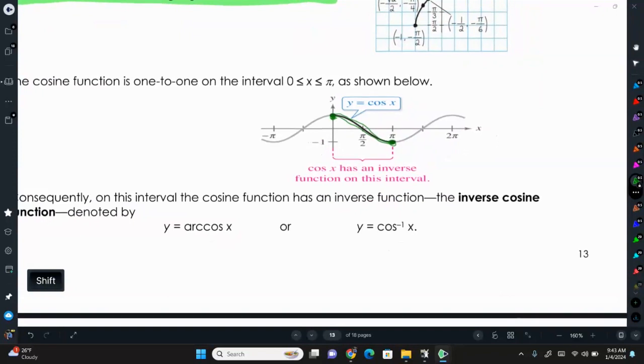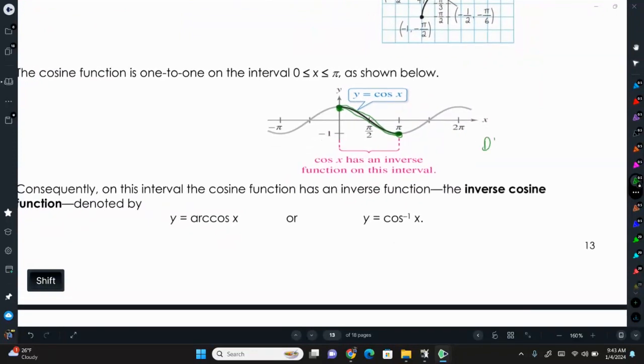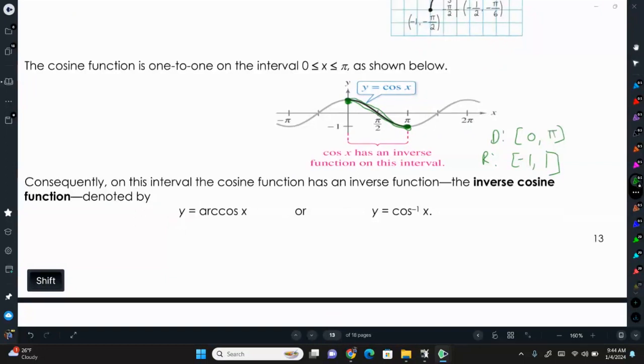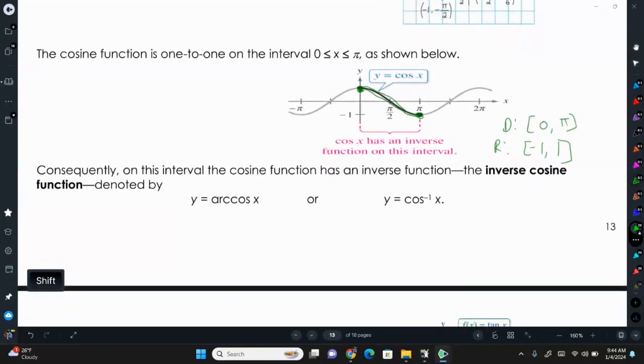So we would restrict the domain for cosine to 0 comma pi, and our range is still -1 comma 1. And like I was saying with inverse sine, which can be noted as arc sine, inverse cosine we can say arc cosine, or use that -1 to note that we have the inverse.